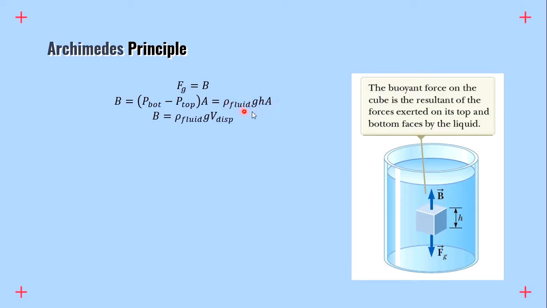Since H times A is equal to the volume, the buoyant force is equal to rho, the density of the fluid, times the gravitational acceleration g, times the volume displaced.